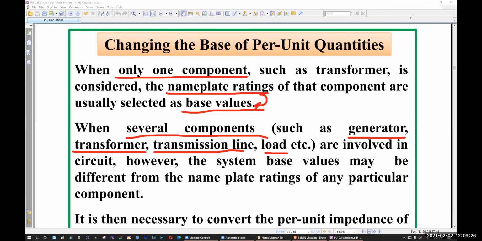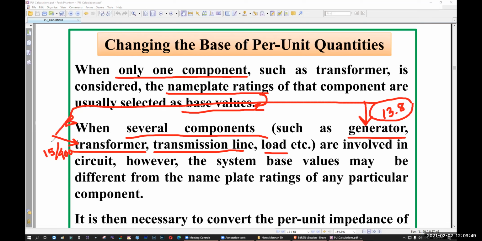Let's say your generator nameplate is different from your transformer nameplate. That means generator voltage is 13.8, but your transformer voltage is 15,400, right? So if you take 13.8 as your base, this base will not be valid for the 15.